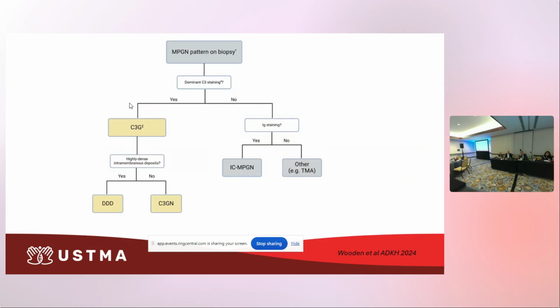So how does this translate into what we see? When you do a kidney biopsy, you see an MPGN pattern on the kidney biopsy. The first question is whether there is dominant C3 staining. If there isn't, you look at the immunoglobulin staining. If the immunoglobulin staining is present and dominant, it's classified as immune complex MPGN. So it is indicative of classical complement pathway activation.